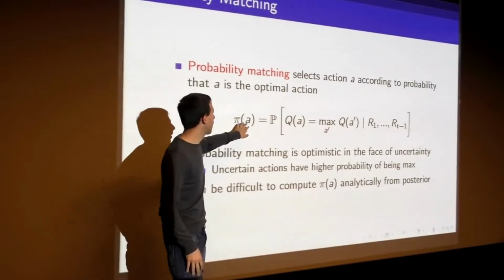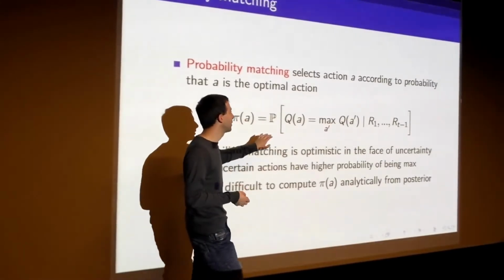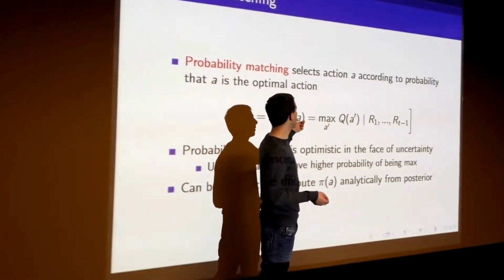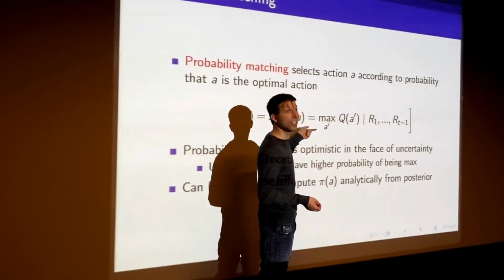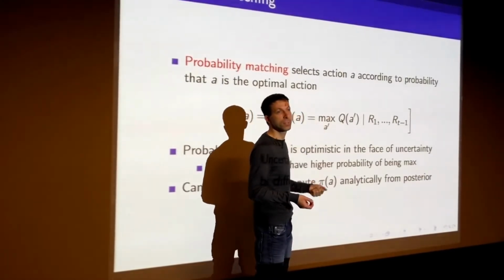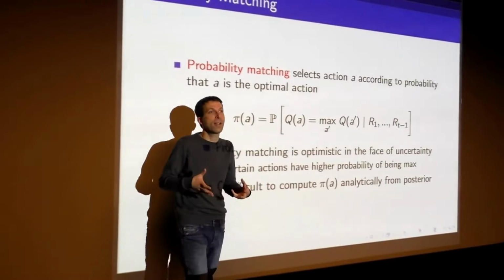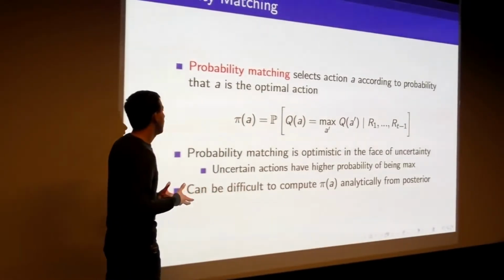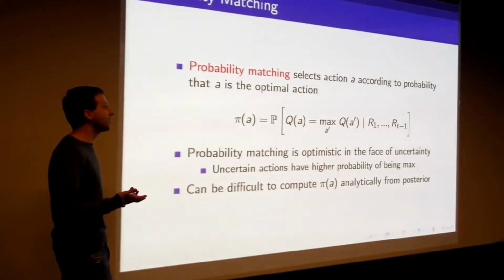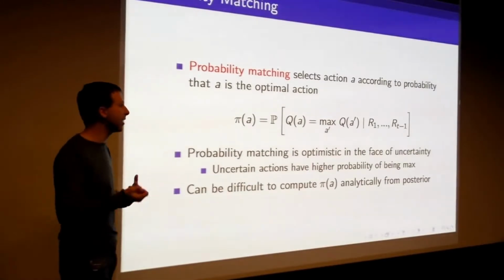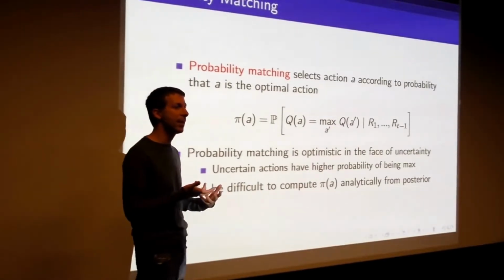So in other words, our policy, the way in which we actually pick actions, is just the probability that our Q value for that action is actually the best Q value. So we want to pick actions in proportion to the probability they're actually the best one. And what's nice about probability matching is it automatically does this optimism in the face of uncertainty idea.